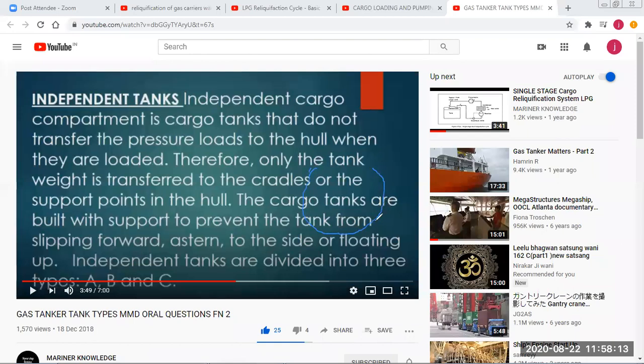On the side there will be what is called a skirt, which is welded to the hull, and this way the tank will be supported for side movements.